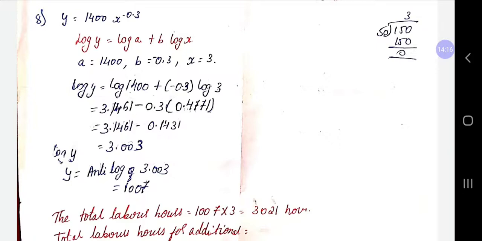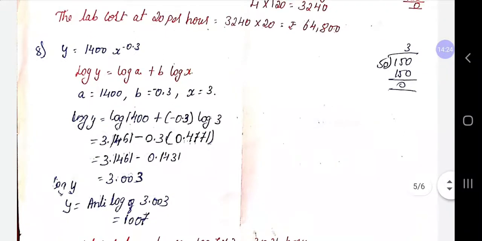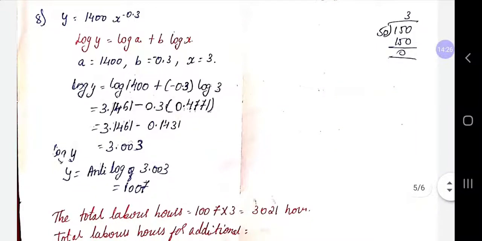Log 1400. Here you will see log 14 in the log table. I will explain it; if you have a doubt, in the next class I will take a video and send it to you.